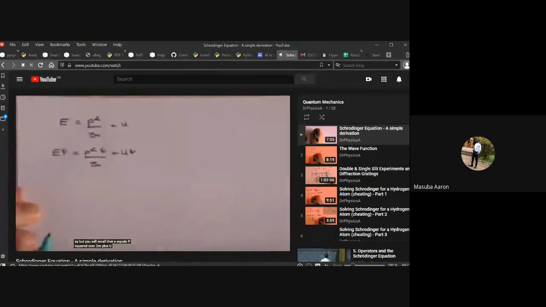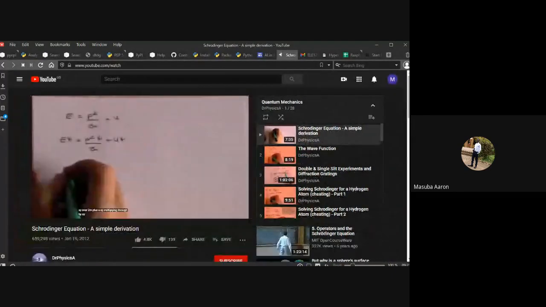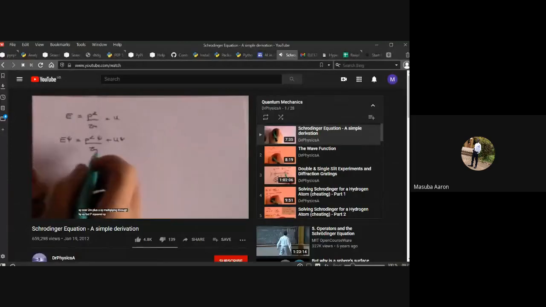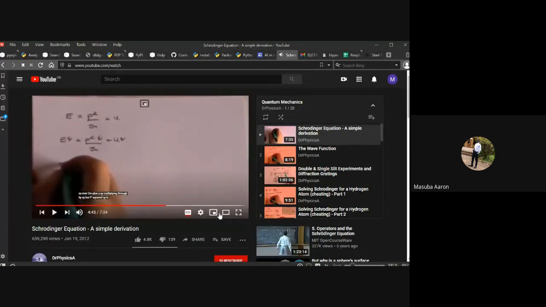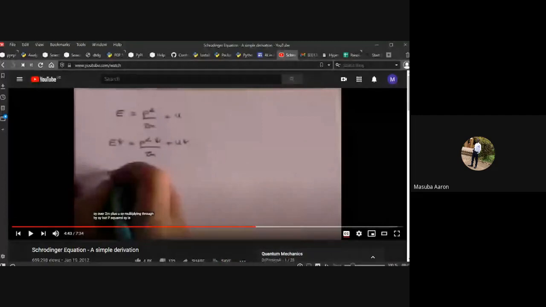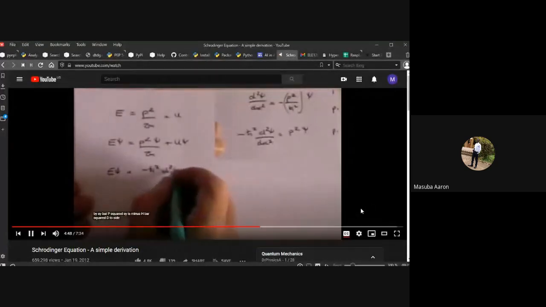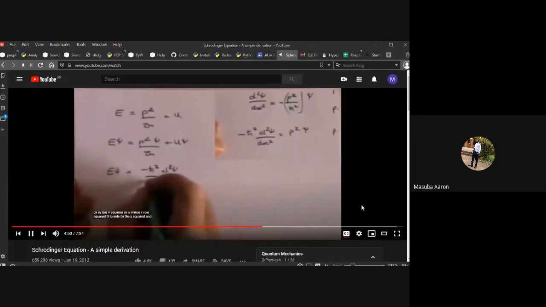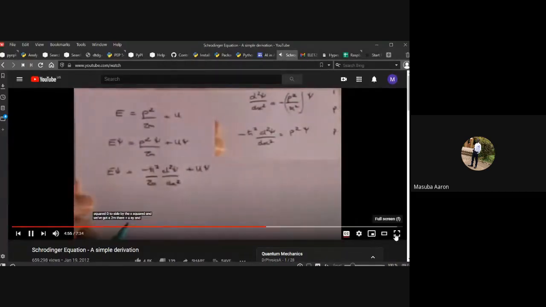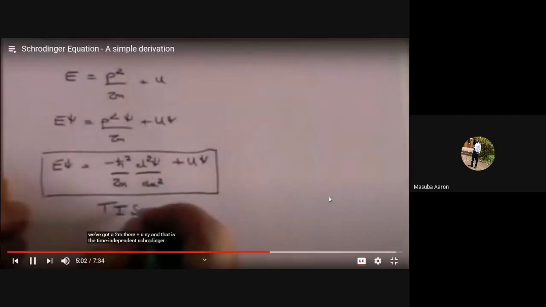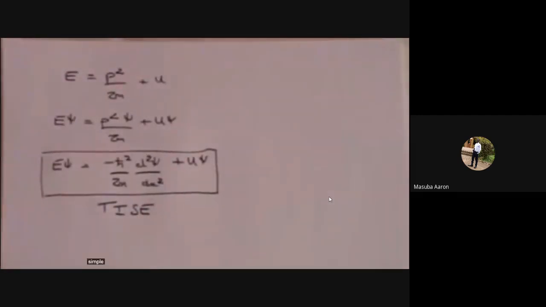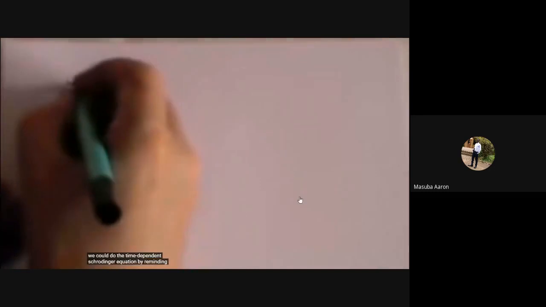Putting the two sides together like this, plus U psi, is the time independent Schrodinger equation.